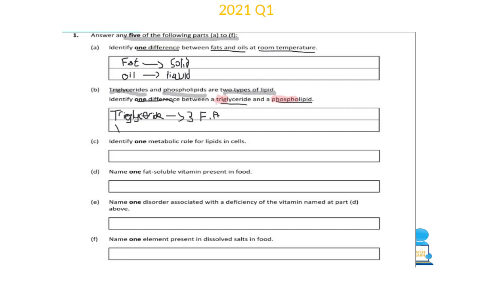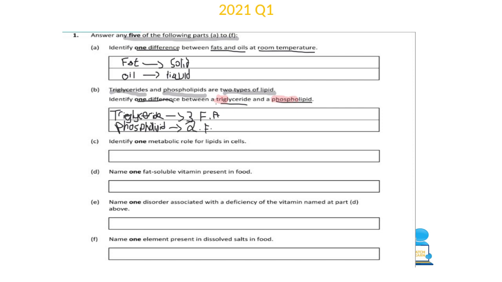Whereas a phospholipid, hopefully you're recalling that a phospholipid has 2 fatty acids. So phospholipid has 2 fatty acids. And there's your difference that you need to give, 2 fatty acids.